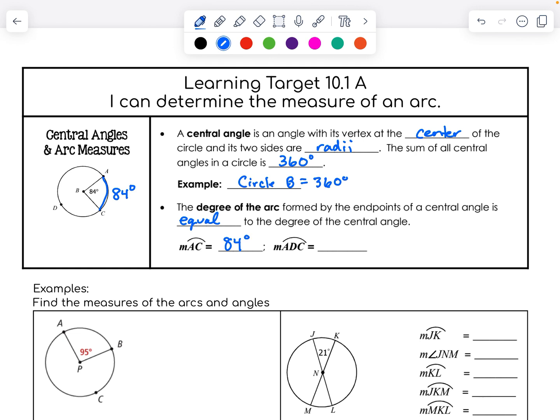Okay. And then ADC, which would be this way around the circle, would be 360 minus 84 degrees, which would be 276 degrees. So we can kind of use that to kind of help us here.